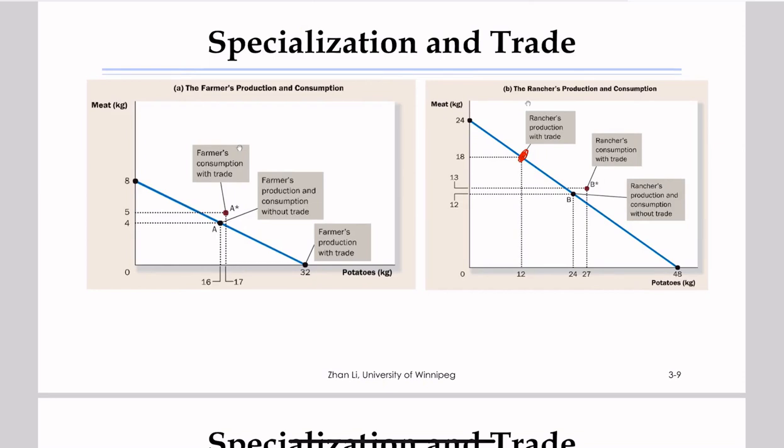The rancher will have 16 units of meat and 27 units of potatoes at consumption point B star. And more importantly, you can see that the combination B star is actually outside of the rancher's possibility frontier, right? So this basically tells you that specialization and trade make both of these two people better.